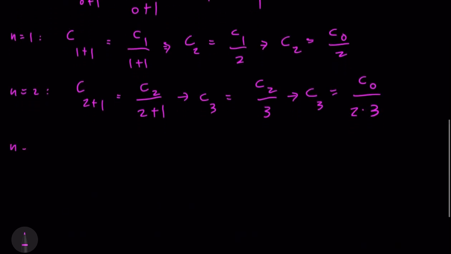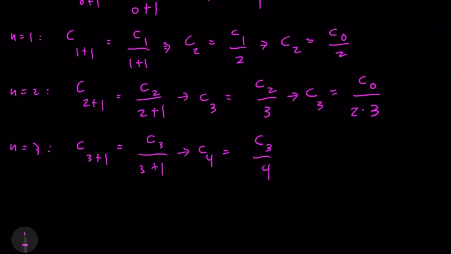Let's say n equals 3. So c sub 3 plus 1 is going to be c sub 3 over 3 plus 1. But that tells us that c sub 4 is c sub 3 over 4. But we replace c sub 3 with this. So we have c sub 4 is c sub 0 over 2 times 3 times 4.